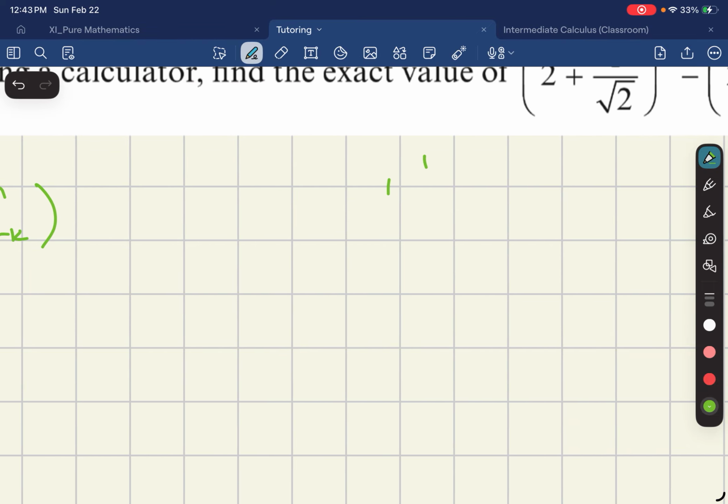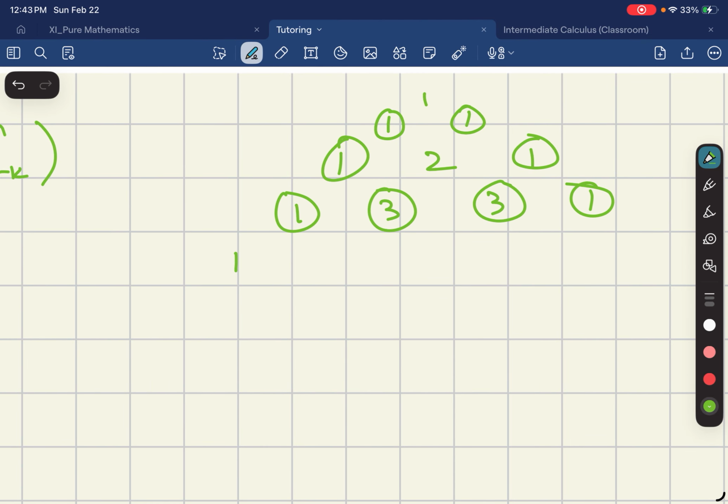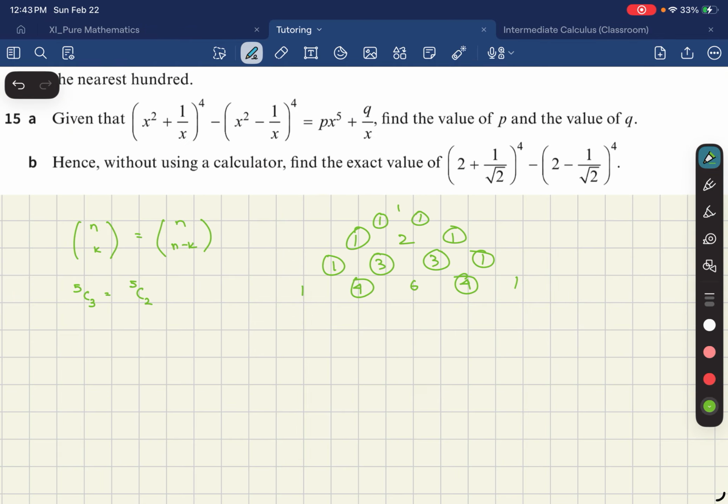And that is why you are seeing the symmetry in Pascal's triangle. You see 1 and 1, 1, 2, 1, right? You see 1, 3, 3, 1. See? 1, 4, 6, 4, 1. So this is why these things match up, because of this formula.